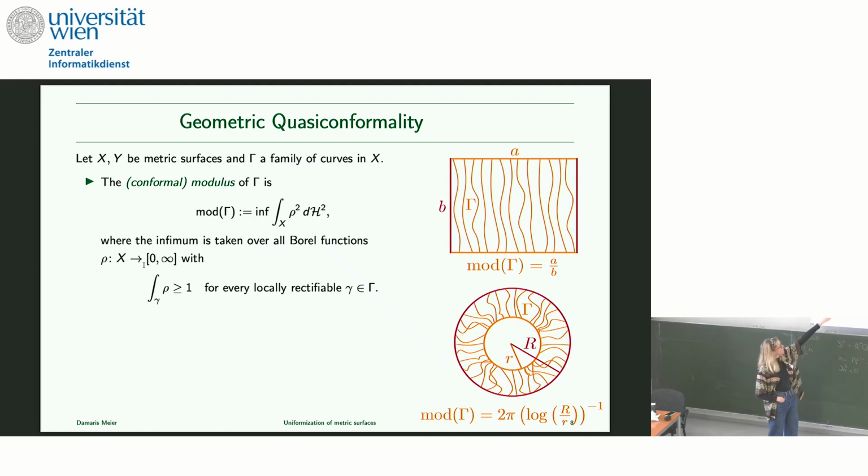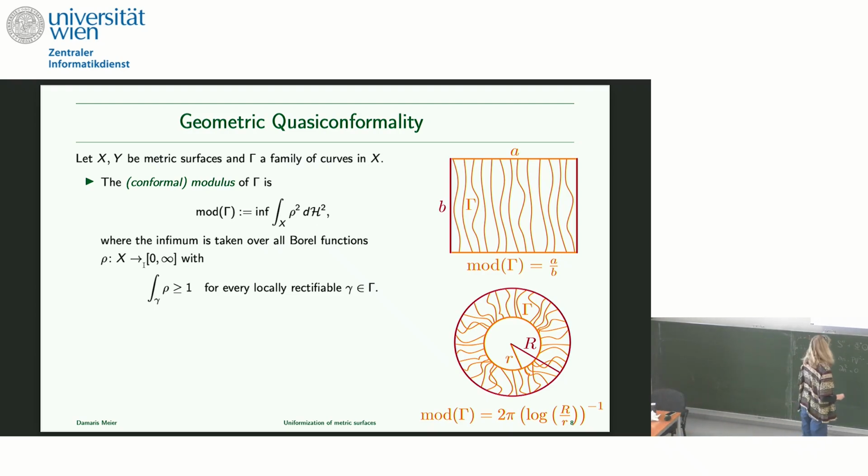That's the role of this letter rho. We have this weight on our space such that all the curves in the family have length at least 1. I'm going to make an example in a second. And then we take the infimum of the L2 norm squared over all the weights that satisfy this condition.